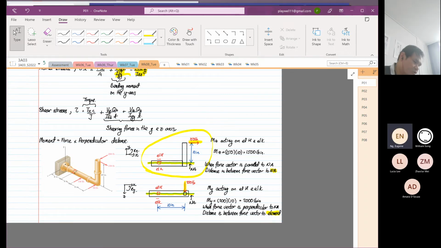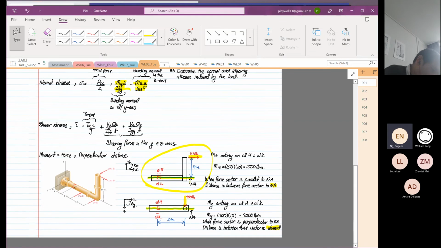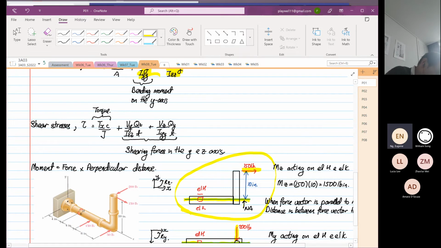So we have dealt a lot with normal stress, we have dealt a lot with bending moment and shearing force. The thing that we have not done yet is the torque. So the confusing part is, when is it a torque and when is it a moment?